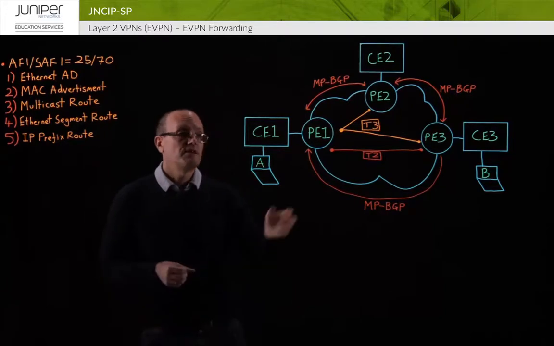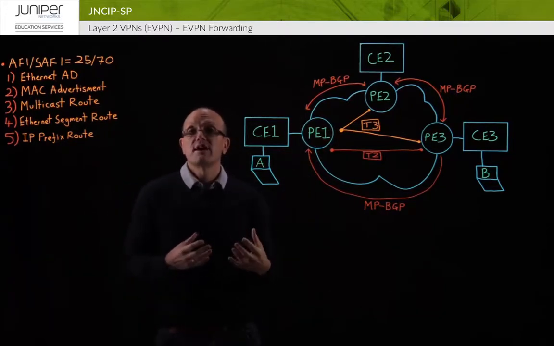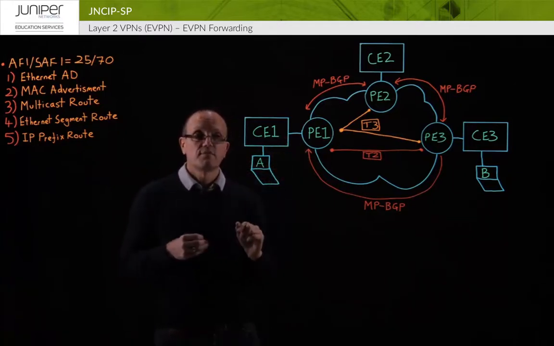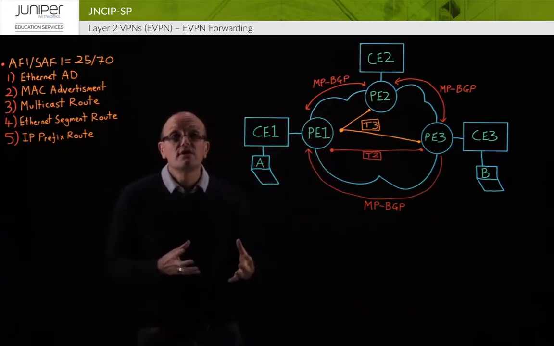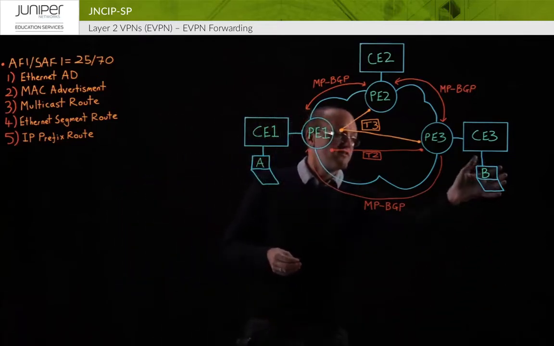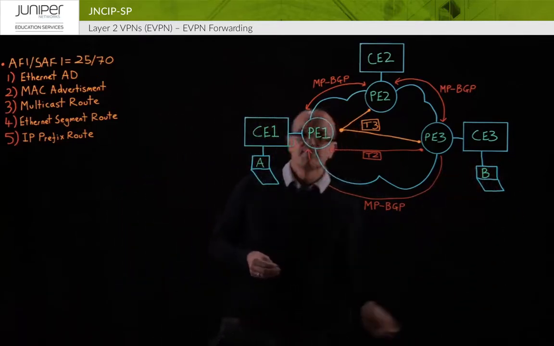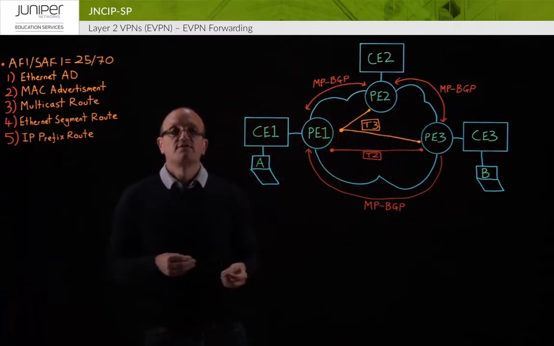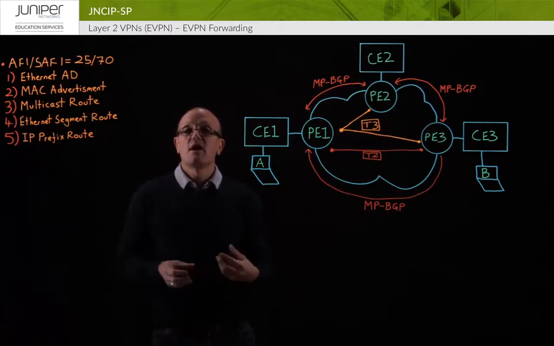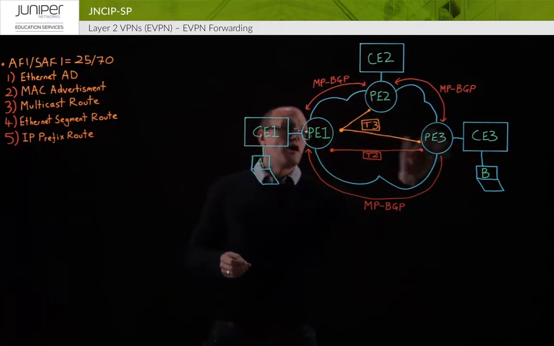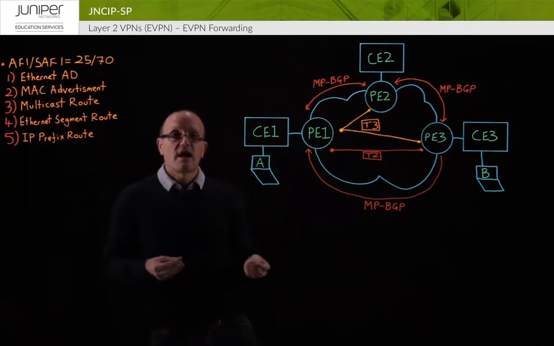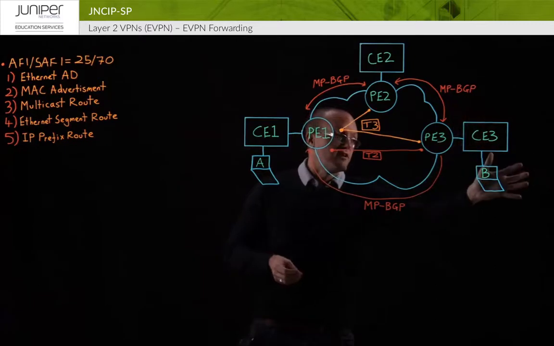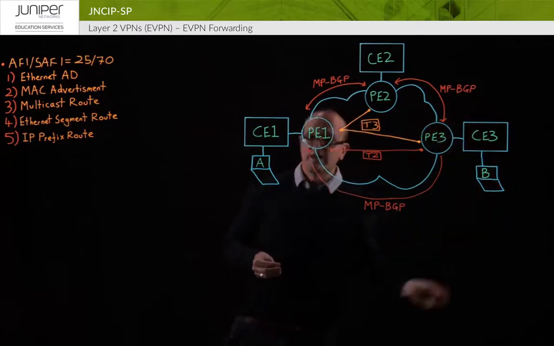As we've mentioned, PE1 builds the MAC address forwarding table associating the source MAC address with the incoming interface. PE1 does not know the location of the destination MAC address for host B. So he uses the multicast tree to flood this frame, unknown unicast flood, to all other PEs. And there's flooding going on on the local switch as well, so that frame eventually arrives at host B.